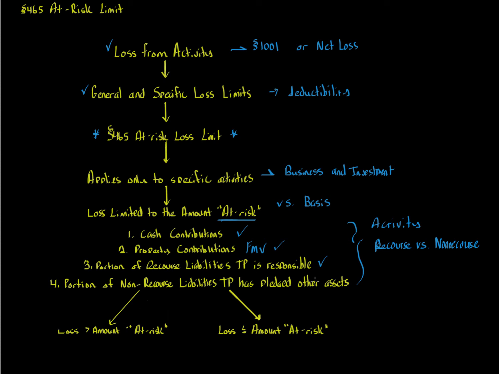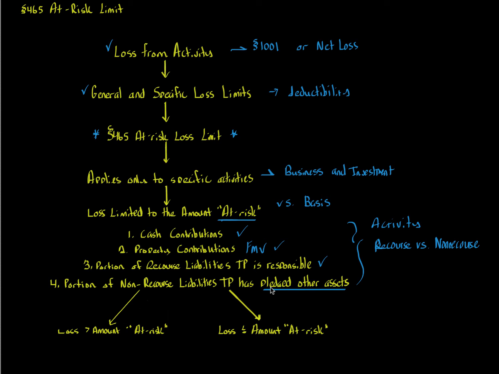Well, that's the general rule: non-recourse liabilities are not considered at risk. But if a taxpayer has a portion of a non-recourse liability and there are other assets that are pledged, so most non-recourse liabilities have some kind of asset that secures the liability. You're thinking, how can anybody borrow money from a lender and get away with not having some personal skin in the game if they foreclose on the property and they don't actually pay off their debts?